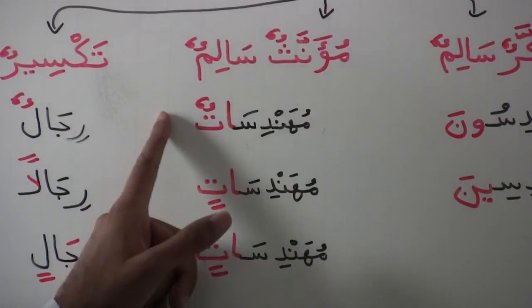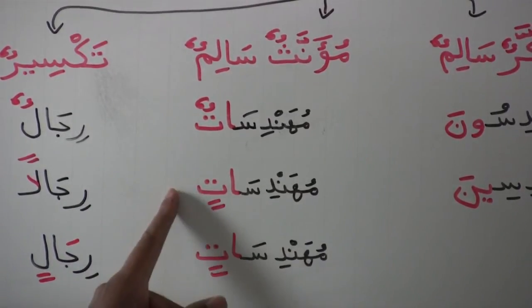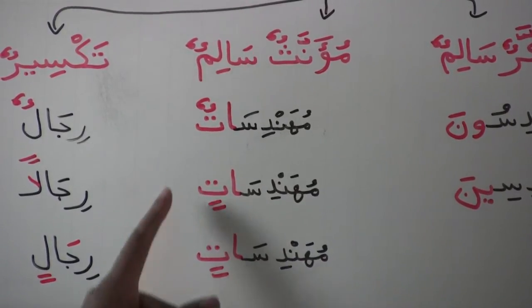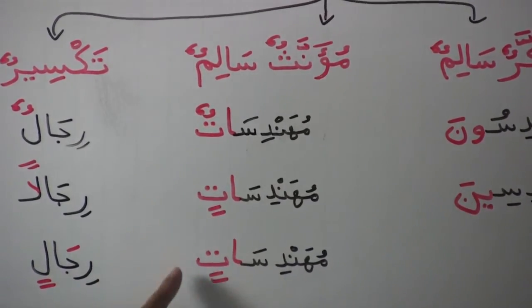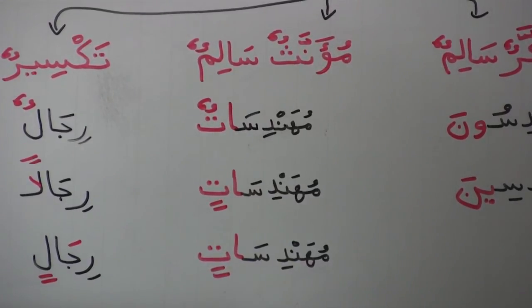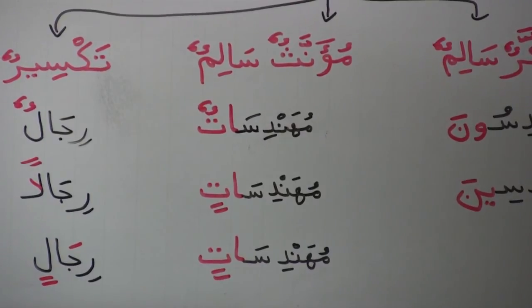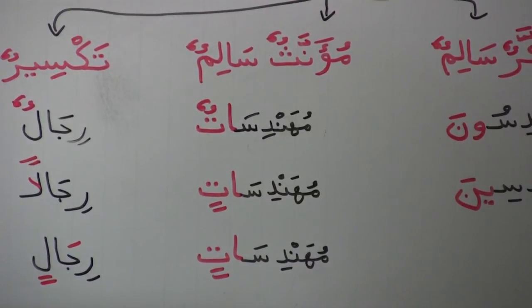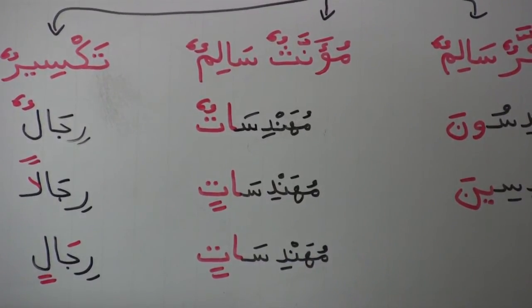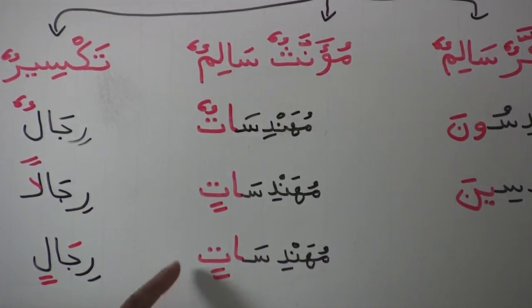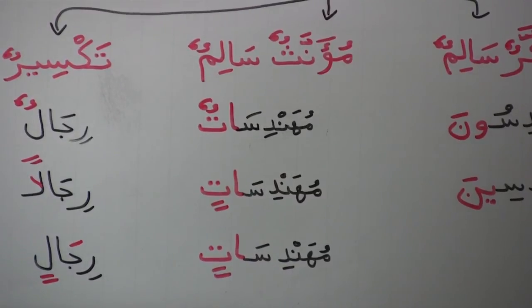It is marfu with a dhamma, mansoob with a kasra, and majroor with a kasra.